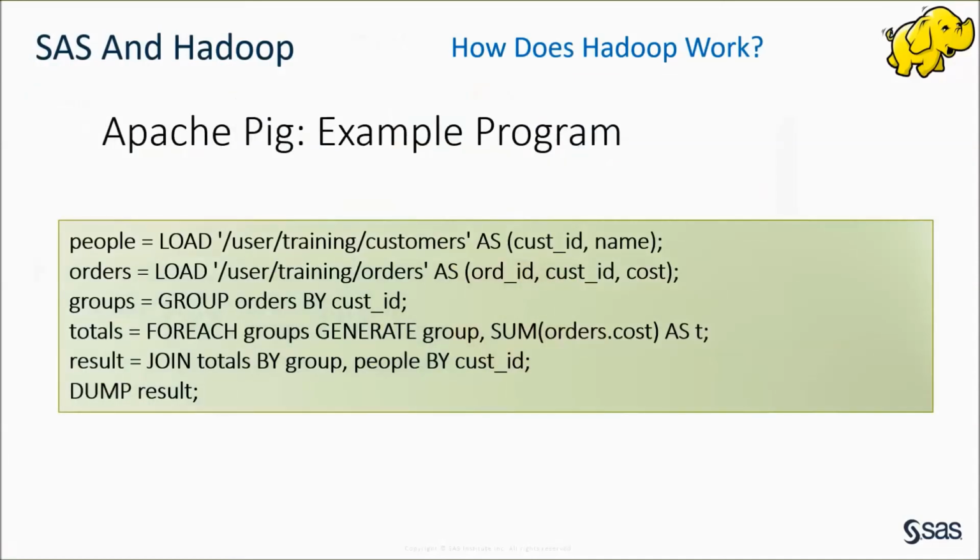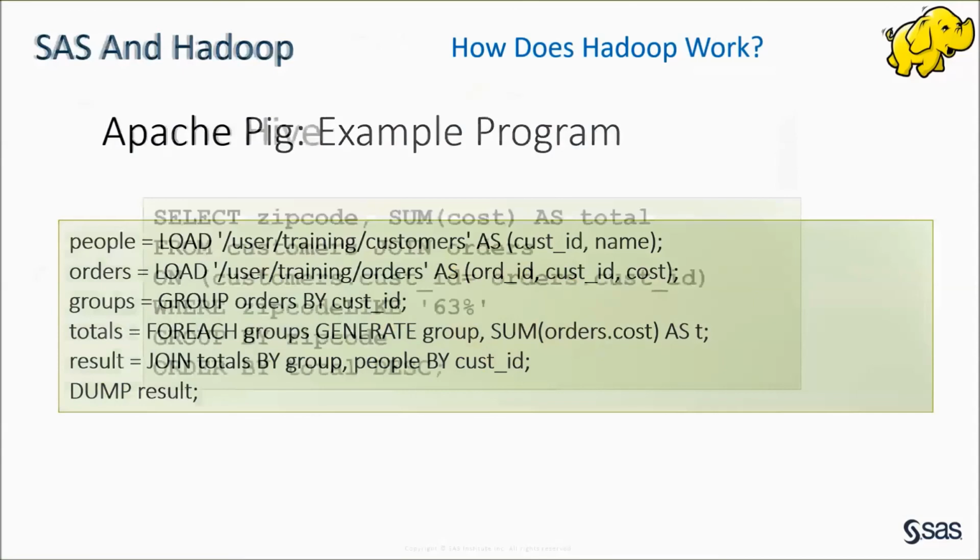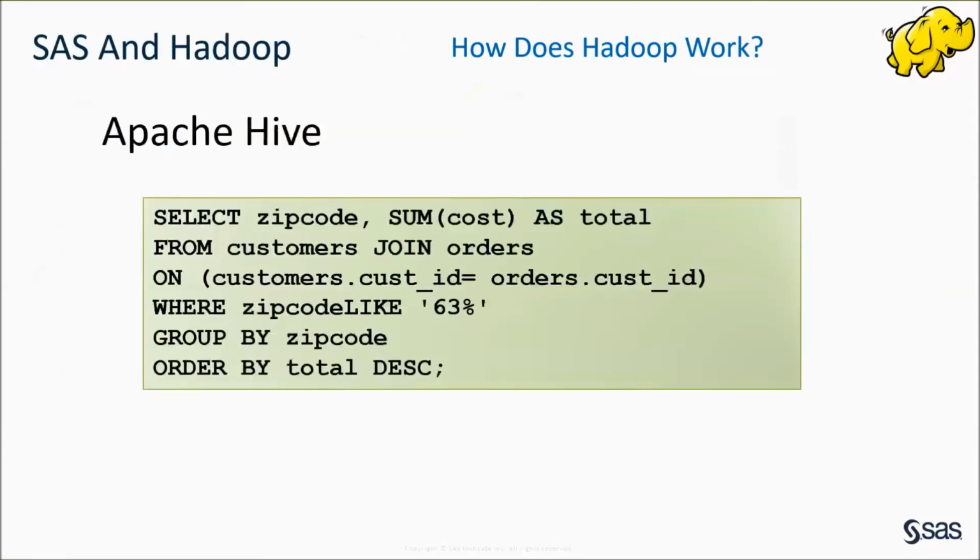You can execute these through PROC HADOOP, through your SAS interface, or you can log on natively to the Hadoop cluster and execute code similar to this. And then here's an example of Apache Hive.